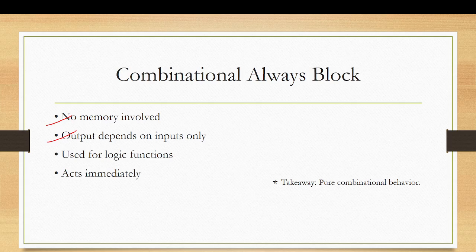Examples include AND gates, OR gates, multiplexers, decoders, arithmetic logic. In all these cases, immediate reaction is required. Act immediately. Pure combinational behavior. So, dear students, do remember, this always block is used for pure combinational logic.